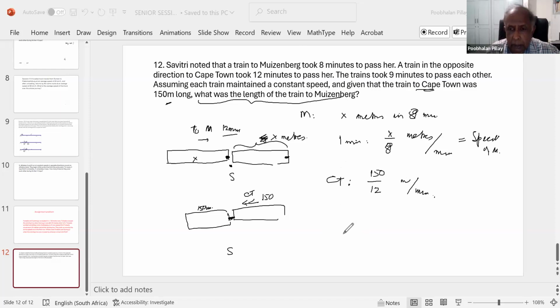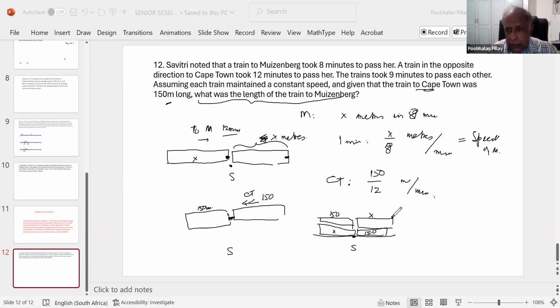Oh, so now there's another funny looking story here. So this Savitri is still standing here, and the one train goes this way, and on the other track, you've got the Cape Town train. This guy is x meters long, and this guy is 150 meters long. And to pass each other, it means that this point went up to there, and this thing came to this side, so they passed each other.